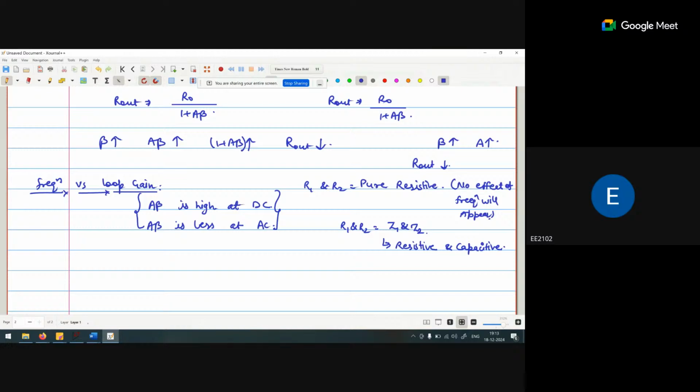So if this happens, what is the effect? As omega increases, Z1 and Z2 decrease.